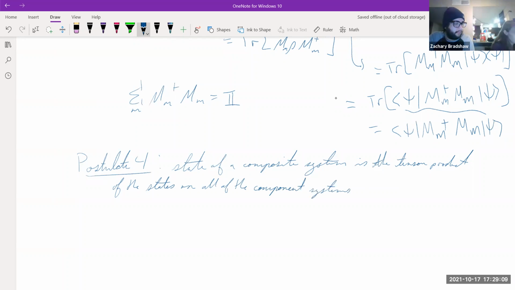So if you have some state defined on some Hilbert space 1 through n, this is just equal to rho 1 tensor product rho 2 tensor product, and so on, tensor product rho n.